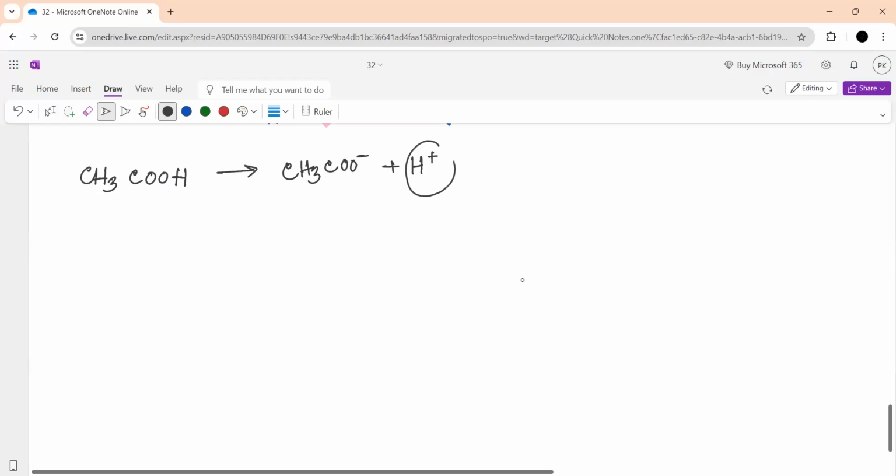Here it gives the H plus. Now this CH3COO minus can bond with sodium plus and it gives us CH3COONa. Before we called it acetic acid, now we call it sodium acetate.